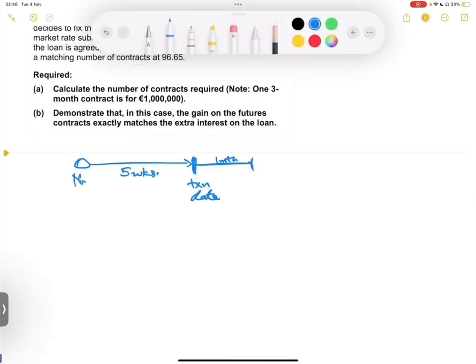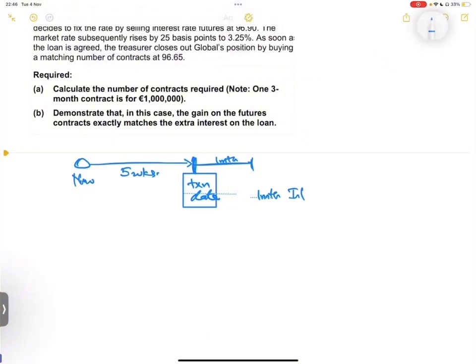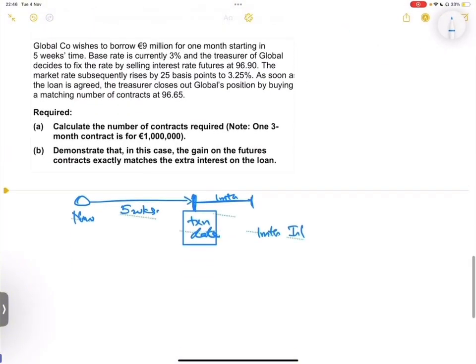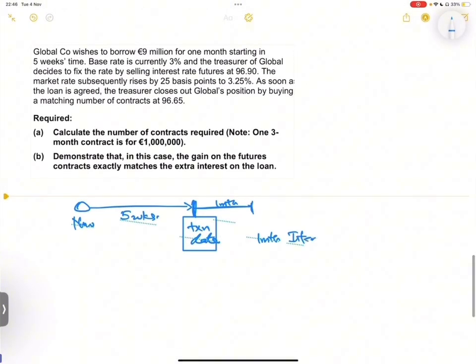So this is now. In 5 weeks' time, there's a transaction that is meant to happen, and that transaction is just for a month. So what we want to hedge is 1 month interest. We want to hedge 1 month interest.